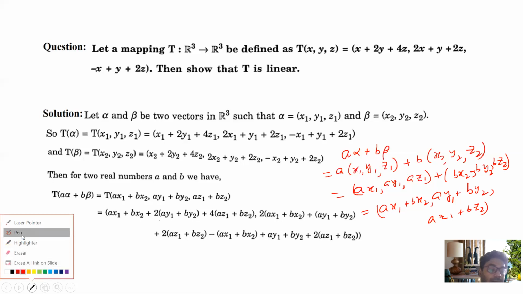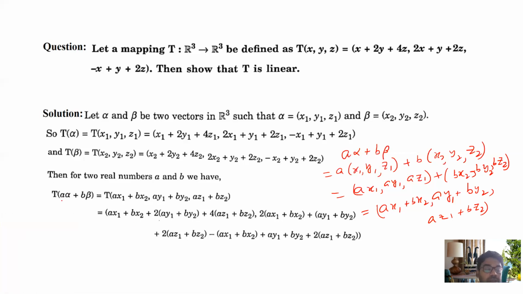So that's why you have, I skip this line. So T of a alpha plus b beta is nothing but T(a x1 plus b x2, a y1 plus b y2, a z1 plus b z2). So these are three components. If I substitute here, what we have is a x1 plus b x2 plus 2 times (a y1 plus b y2) plus 4 times (a z1 plus b z2), comma, that is the first component.